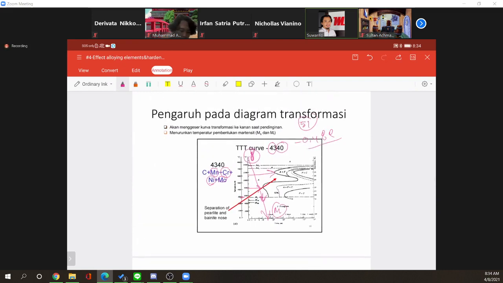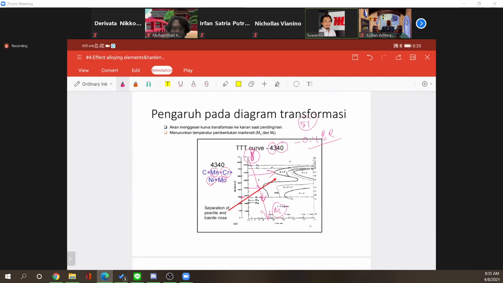Okay, up to now, we have already discussed two things. It is the effect of alloying element into the microstructure and how they behave inside, whether it is dissolved or whether it will form something or any compounds, and then how we can see this effect rather macroscopically in two diagrams.